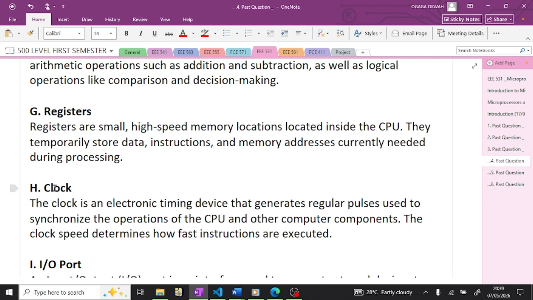Higher tick, like tick, tick, tick, tick. If you have more in 1 second, that clock is what we say is very fast, or we say it has a high clock speed. So the more clock speed you have per second, the more instructions you can execute per second. A higher clock speed means more instructions executed.